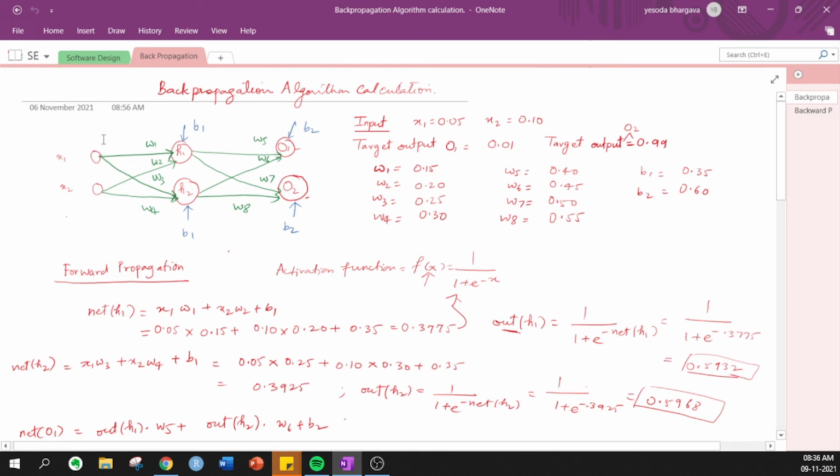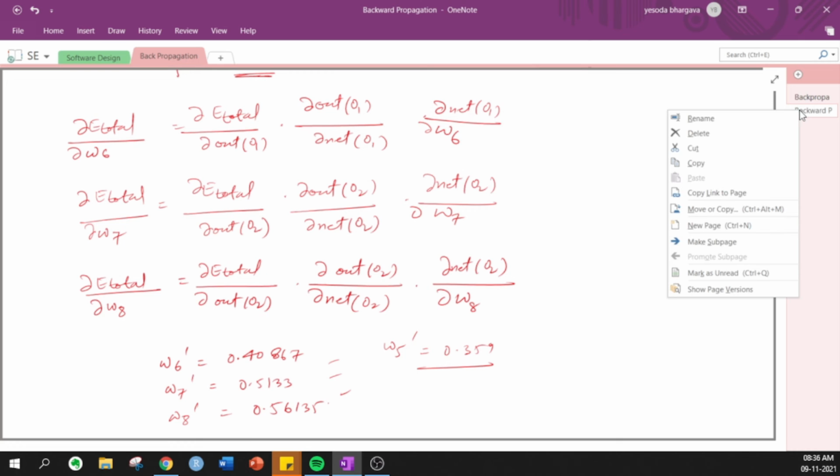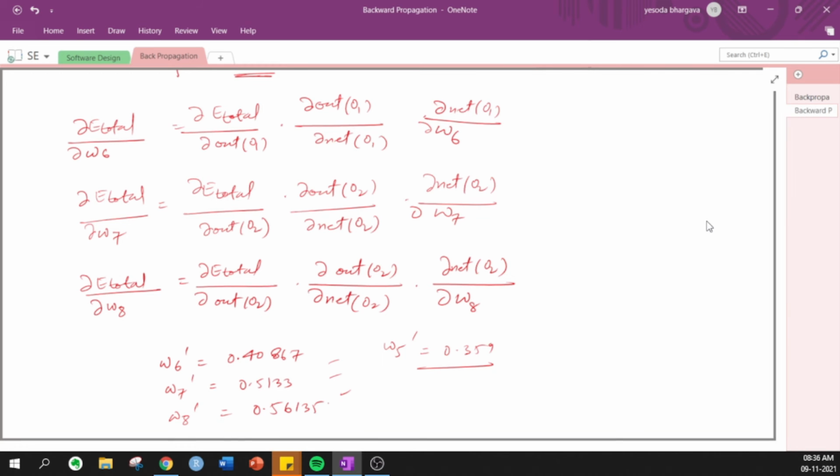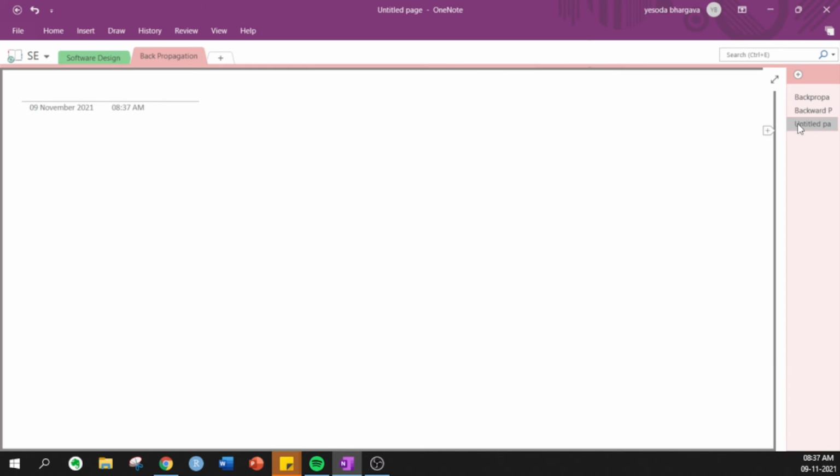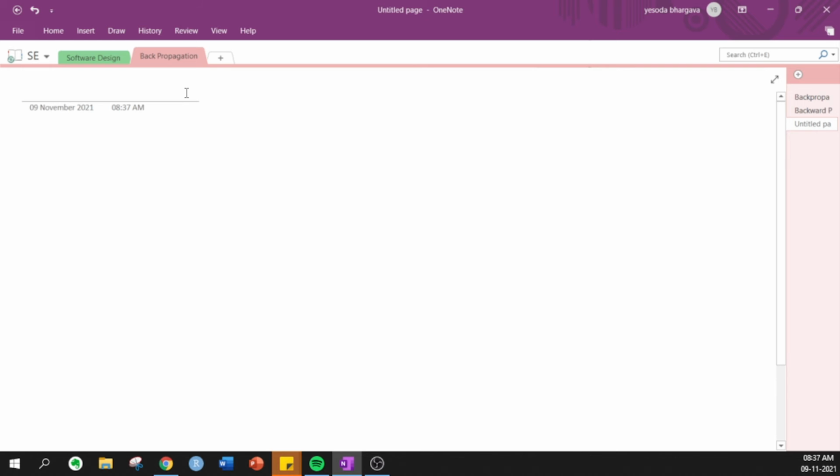So for updating W1, W2, W3, W4, only old weights will be used. Once all these 8 weights have been found, all of them are updated and the second iteration starts. So I'll just add one more: this is backpropagation between the hidden and input layer.